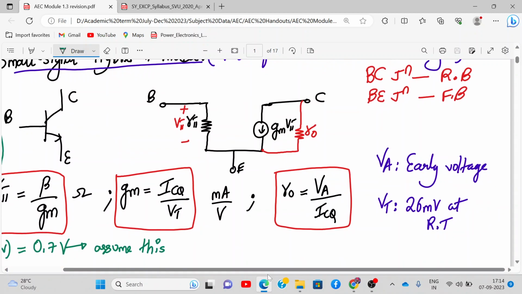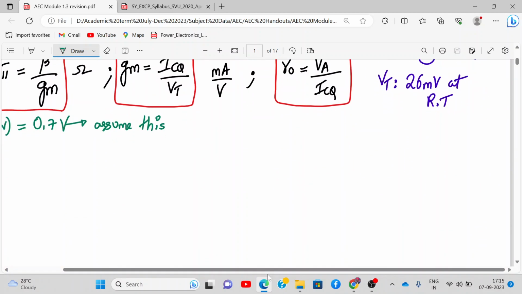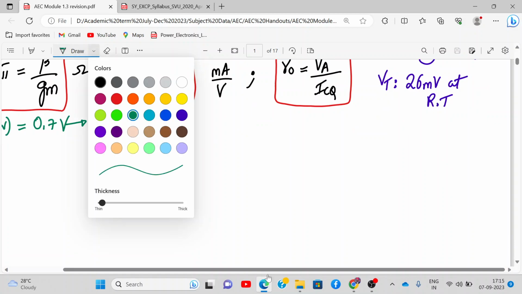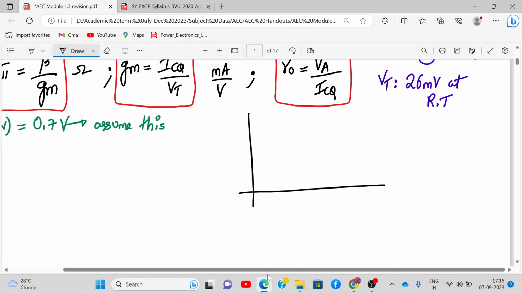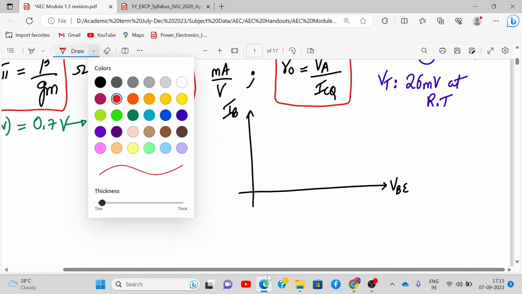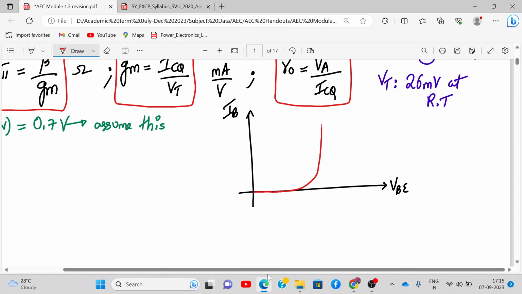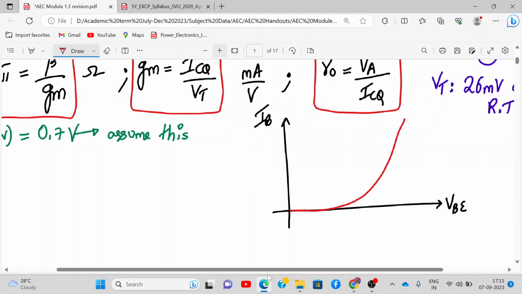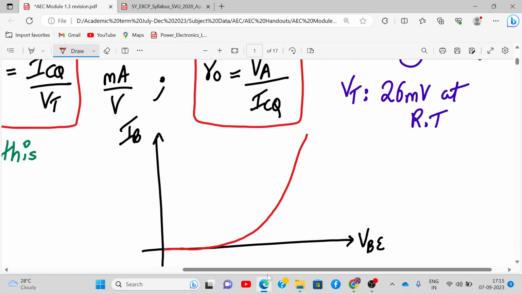Okay, I'll briefly tell you what this hybrid pi model is. It's an approximation. So I am drawing the input characteristics of a BJT. How does it look? It looks like an exponential curve, right? Now, in this exponential curve, if you see carefully, a small segment is linear.